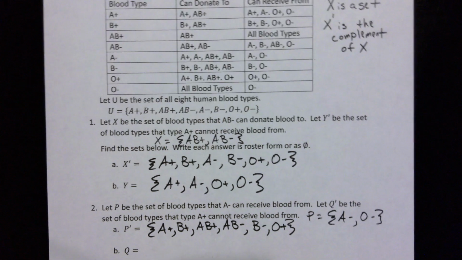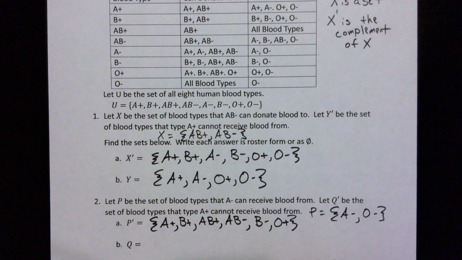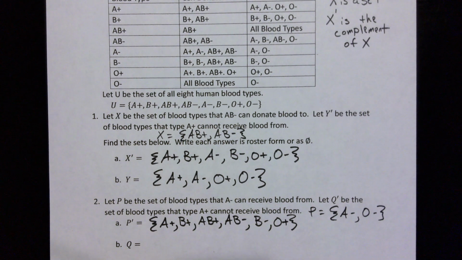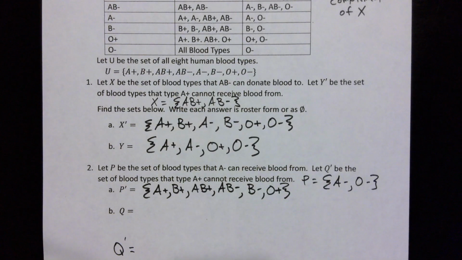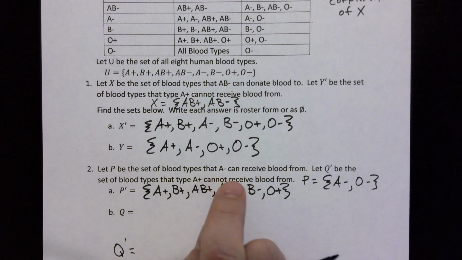And then last, let Q complement be the set of blood types that A plus cannot receive blood from. I'll write that down here. Q complement is the opposite of Q. So if Q complement is the set of blood types that A plus cannot receive blood from, then Q is the set of blood types that A plus can receive blood from.